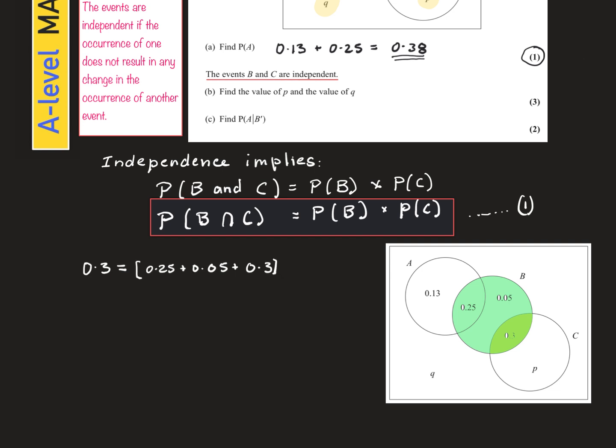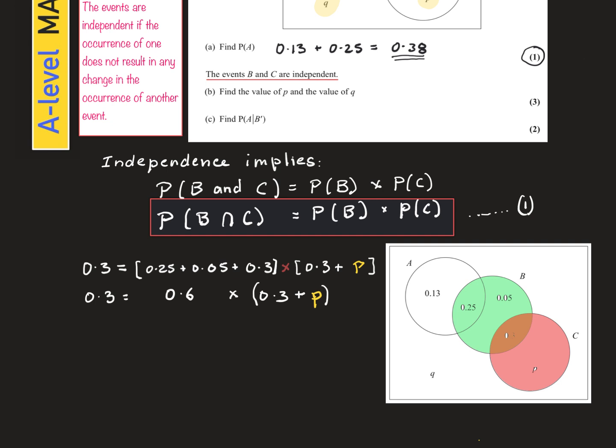Now we'll multiply all this by the probability of C, which is this area and this area. That is 0.3, and we have unknown P. Working this out, I have 0.3 equal to 0.6 multiplied by (0.3 plus P).